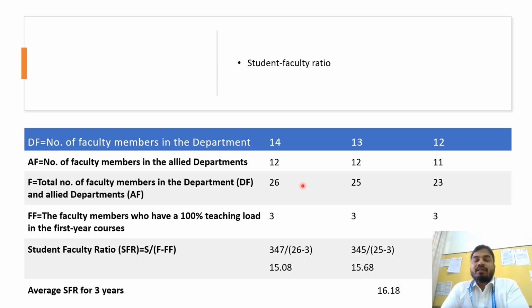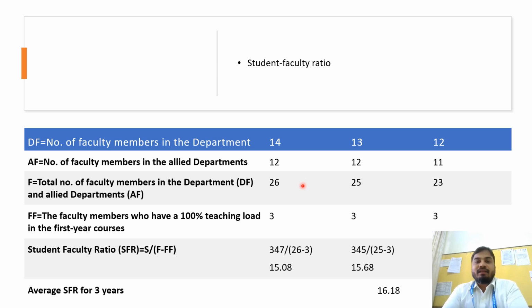As per the university norms, the workload for an assistant professor is somewhere around 16 to 18 contact hours per week, which is equivalent to hours per week. So if I divide 40 by 16, it will come to somewhere around 2.5.